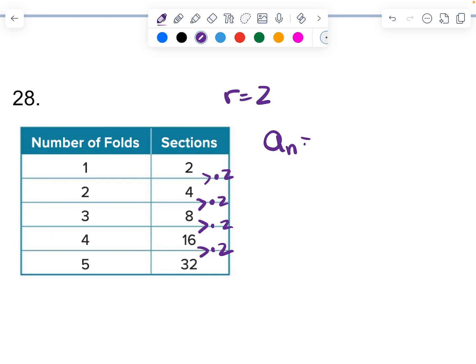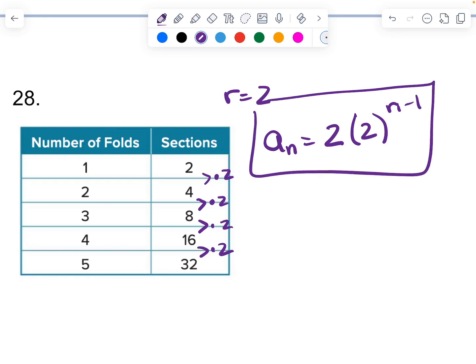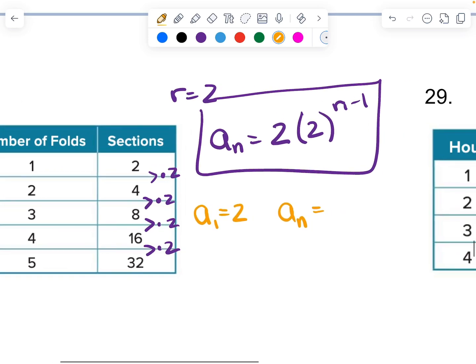So a sub n equals the starting value, which is 2, the rate, which is 2, and n minus 1. So this right here is my explicit formula. My recursive formula has to be a sub 1 equals what? 2, where a sub n is equal to 2 times the previous term, and you have to start at the second term.